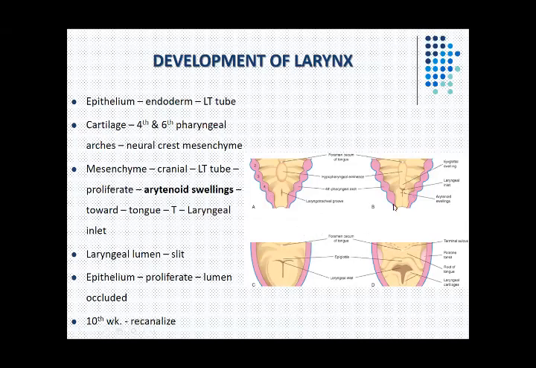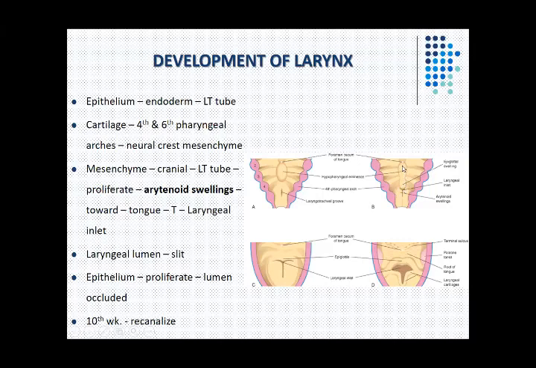अब ये जो larynx की ये जो mesenchyme है, laryngotracheal tube अब यहाँ से बनेगा, ठीक है? All this part is the laryngotracheal tube. So इसका ये cranial end है.